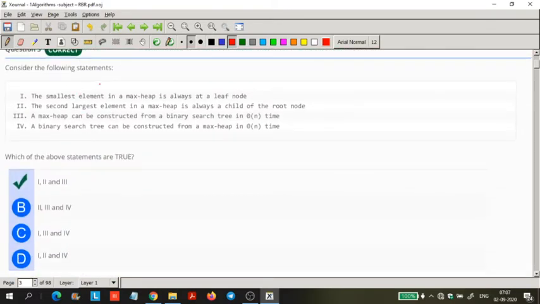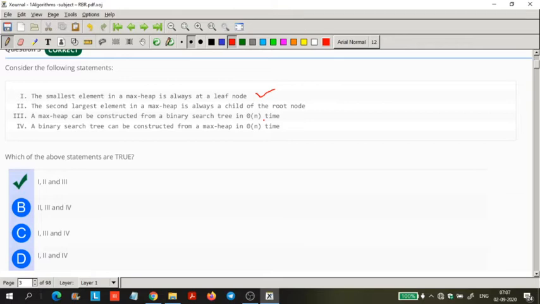Consider the following statements; they are asking which statement is true. The smallest element in a max heap is always at a leaf node.